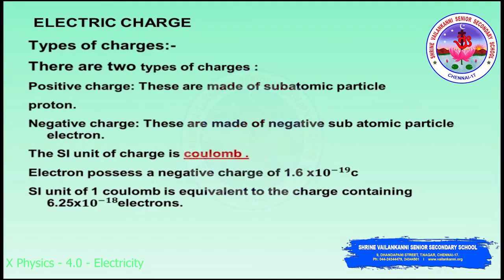That means one electron has a charge of 1 by 6.25 into 10 power 18 coulomb. Then we will get 0.16 into 10 power minus 18, so for our convenience we can write 1.6 into 10 power minus 19 coulomb.